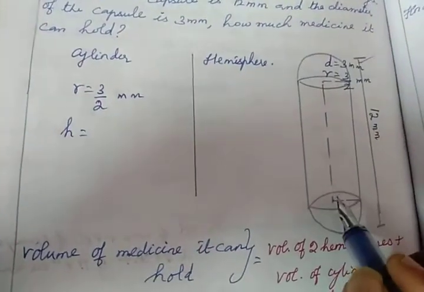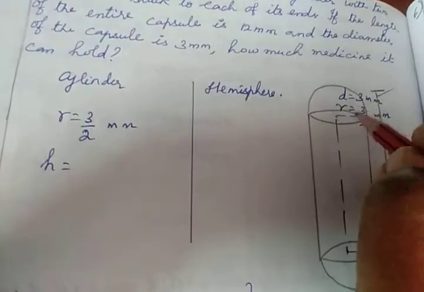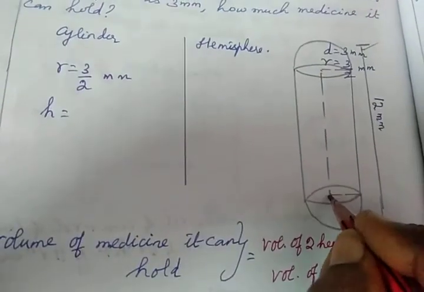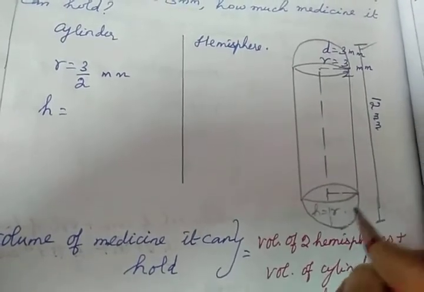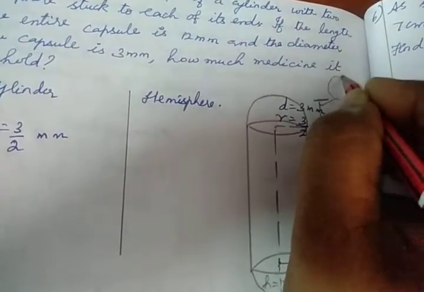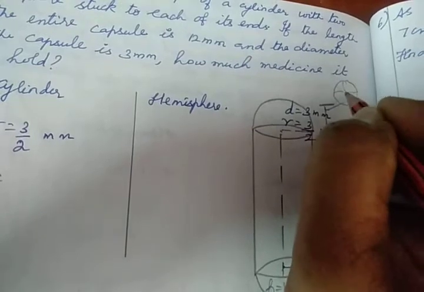See, already in one sum we have seen that the height of the hemisphere and the radius of the hemisphere will be equal. Height is equal to radius. Clear children? Why? Because this is a sphere. Half of the sphere is a hemisphere. From the center to the end of the circle, it is radius everywhere.